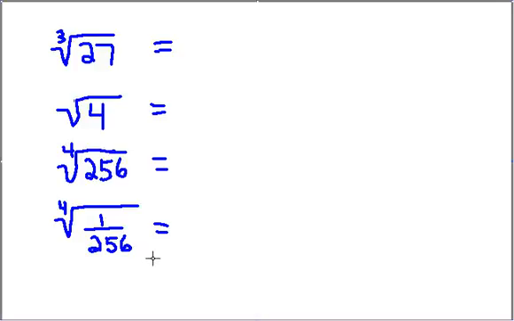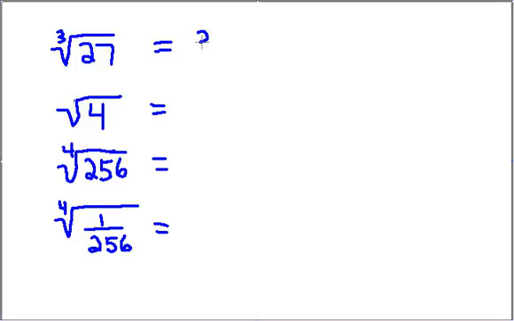Now, just as the case of square roots producing a large majority of irrational numbers, the same is true for a root to any degree or to any power. But on this page here, what we're going to do is take a look at some roots of numbers that actually are rational. Let's take a look at our first one, the cubed root of 27. Well, what is the cubed root of 27?